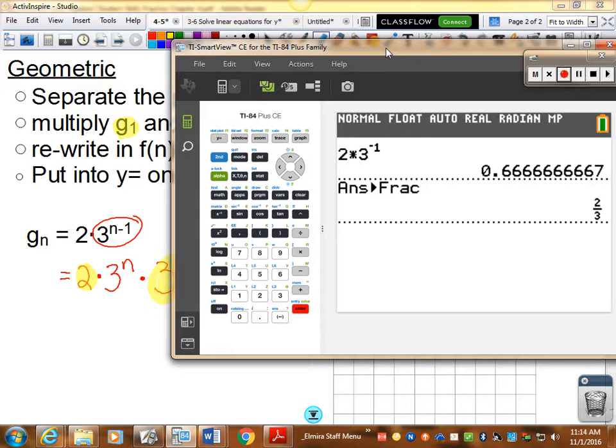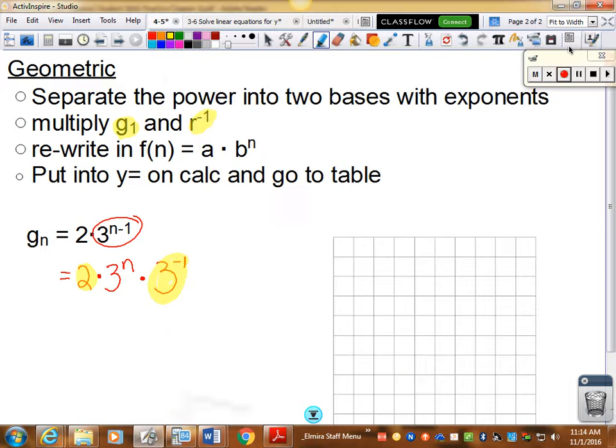And it's 2/3. So you can write 2.6 repeating if you want, but I'm going to write 2/3 and then just bring down times 3 to the n power and switch this to f of n.